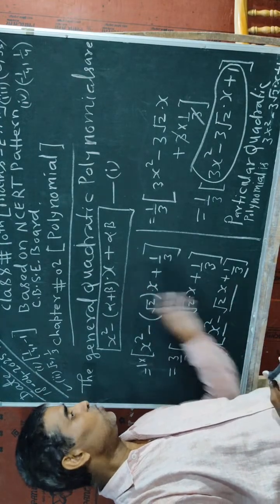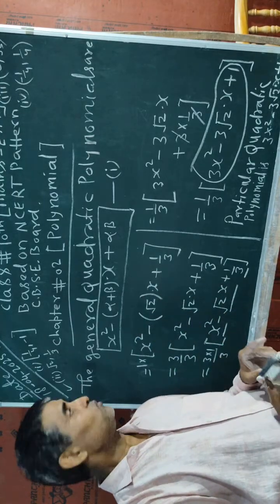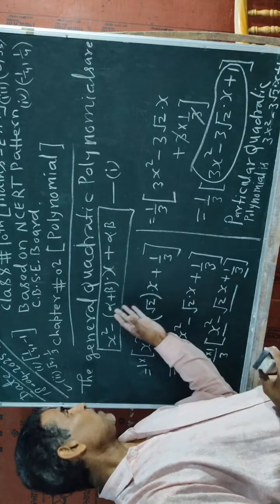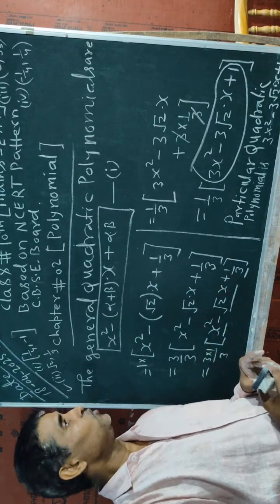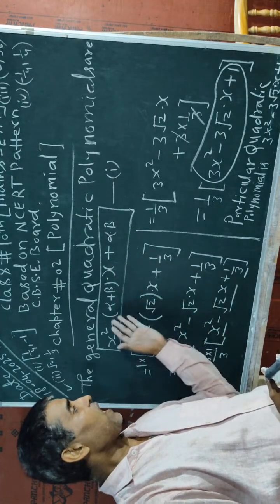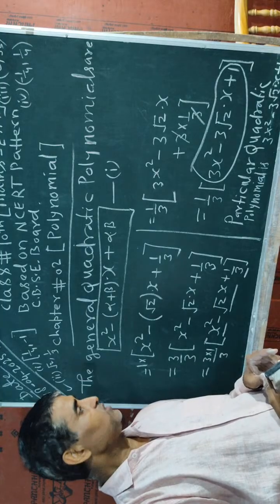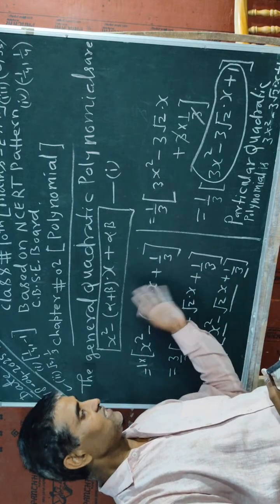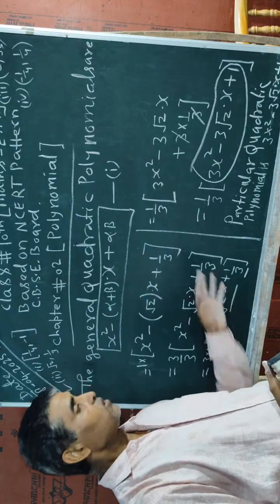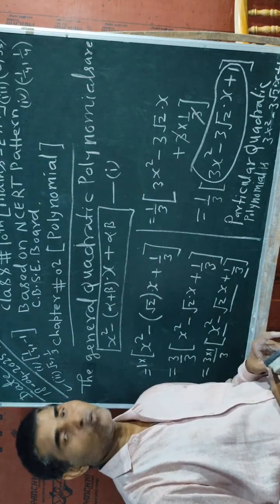So you have to know the procedure for finding a particular quadratic polynomial from the general quadratic polynomial. This is the process of how to calculate the particular polynomial from a general quadratic polynomial.